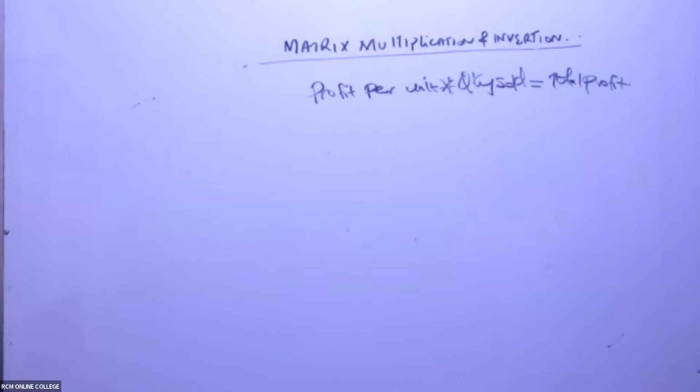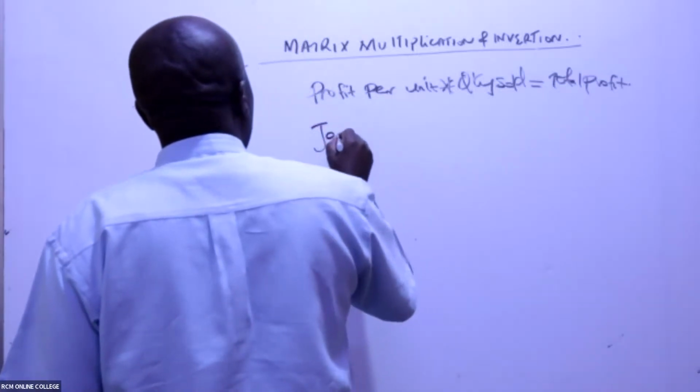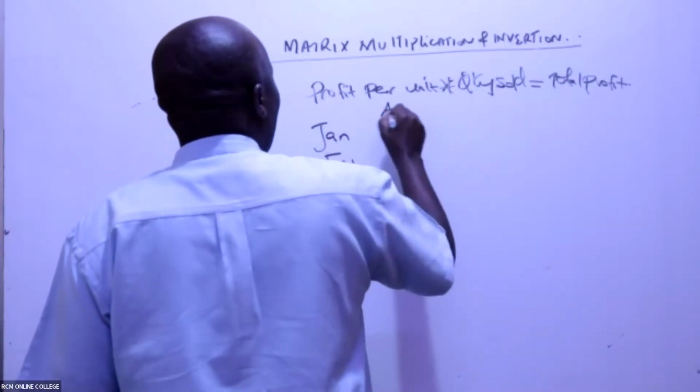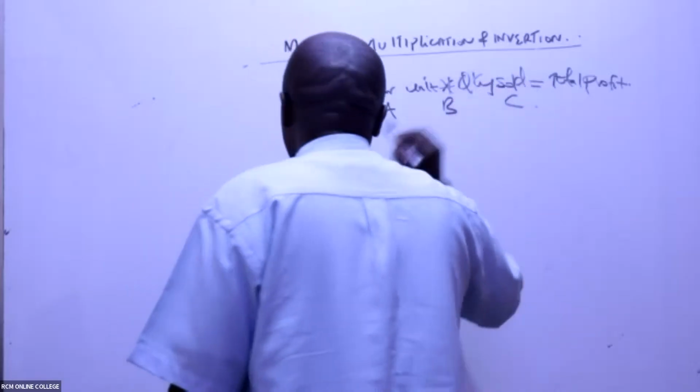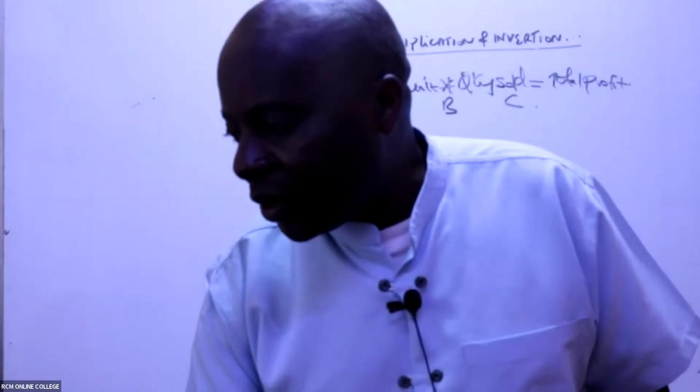So this profit per unit has been given on a monthly basis. We have January, we have February, we have March, for products A, B, C, in the form of a matrix. They are telling us the profit per unit of the products it produces and sells as follows: 2,000, 3,000, and 4,000 for A, B, and C, respectively, during the month of January 2022.